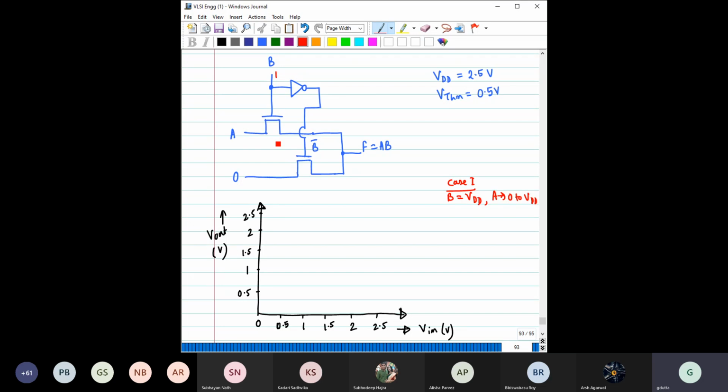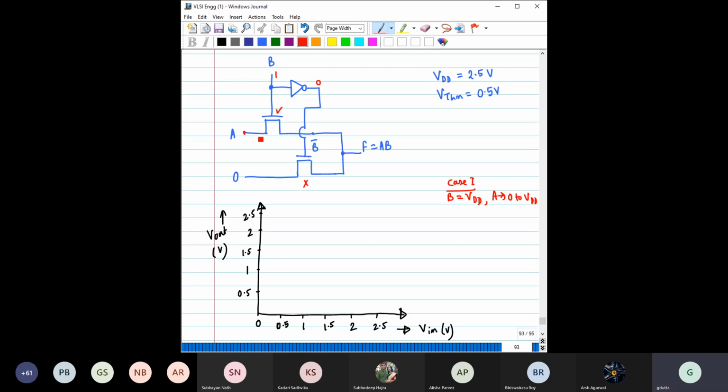So this transistor is on. Now this is 1, this is 0, and this has been connected here, so that means this transistor is off. Case 1. If this transistor is on, then we can say this will behave simply like a resistor, and then A is somewhat shorted with F.